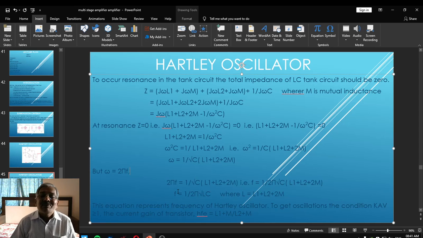Dear students, there will be numerical examples asked on this particular formula.